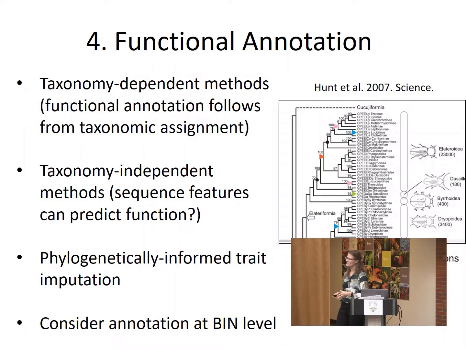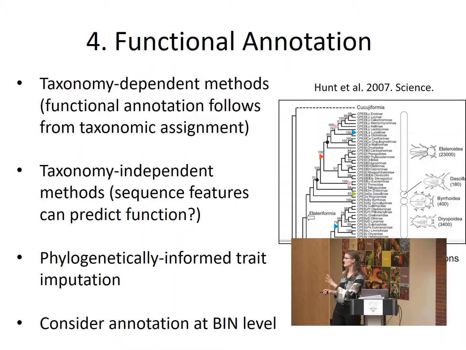As well, it may be possible, or at least interesting, to explore if some types of functional annotations could be made independent of taxonomy on the basis of sequence features. As well, we're starting some work on phylogenetically informed trait imputation to see if we can accurately predict some types of traits in cases when the data are missing.